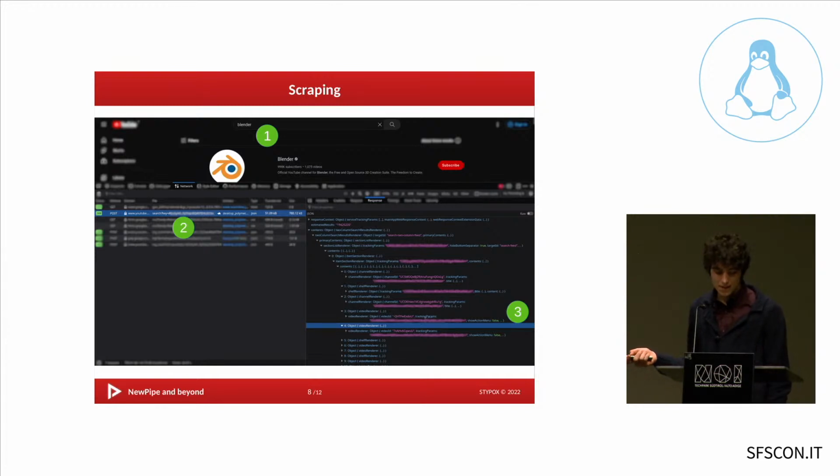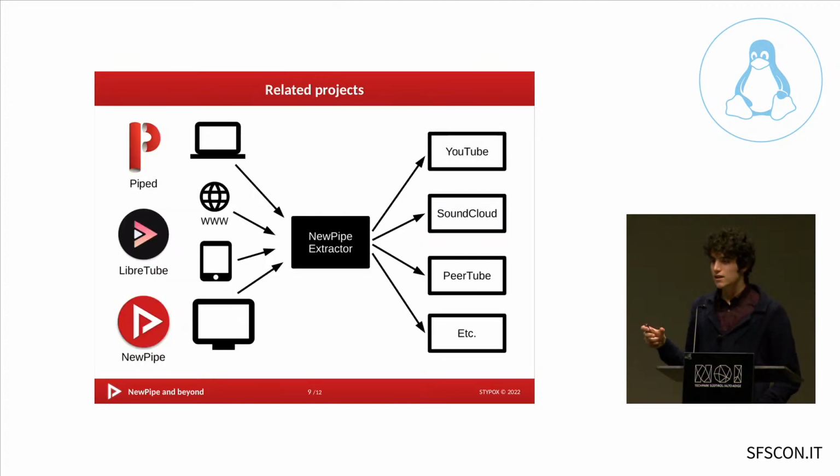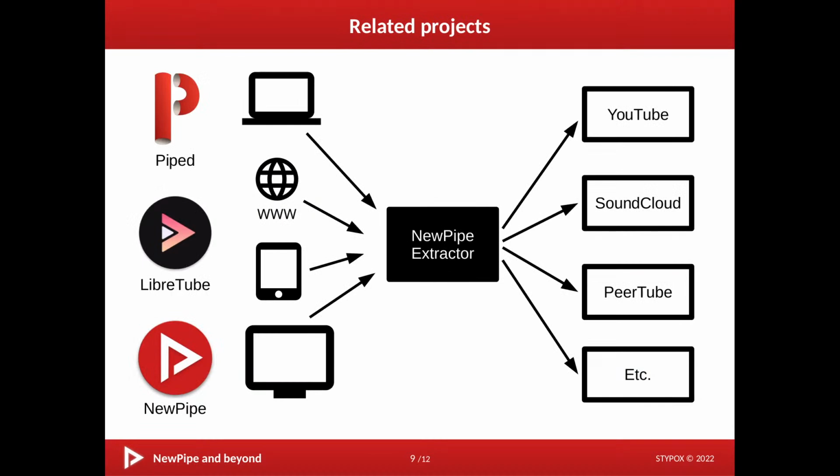This is all done in a specific component of NewPipe called NewPipe Extractor, which is like the central piece of NewPipe, and it is even developed as a separate project. It provides a common interface for accessing all of the various supporting services, and this is why other apps also started using it.